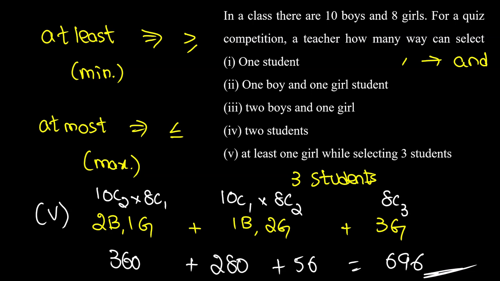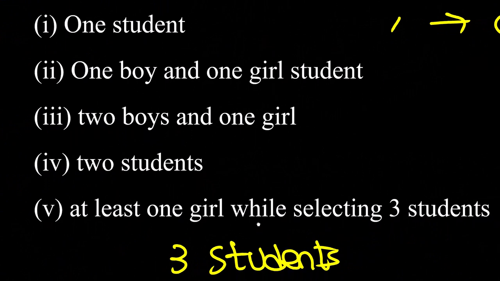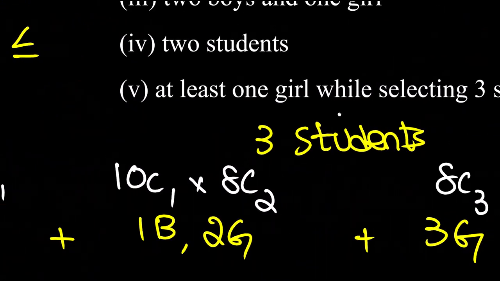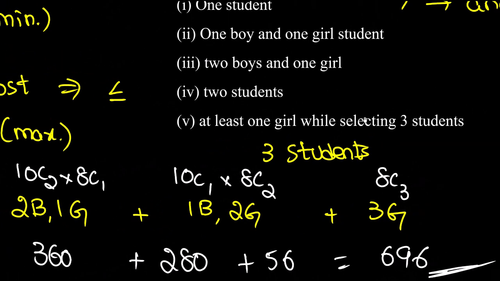At least one girl while selecting 3 students. So we go with one girl, then two girls, then three girls. 696 is what we got.